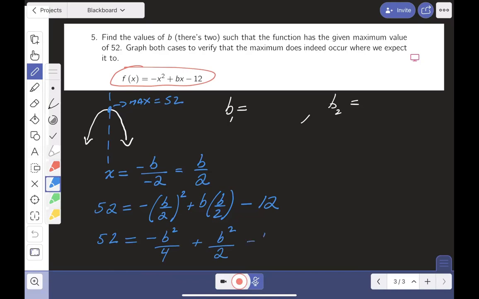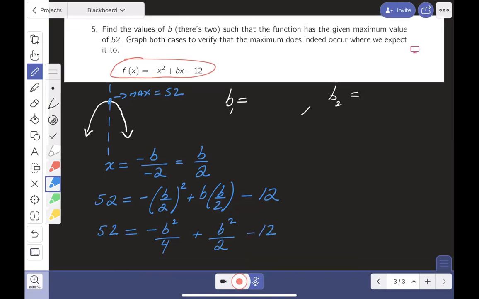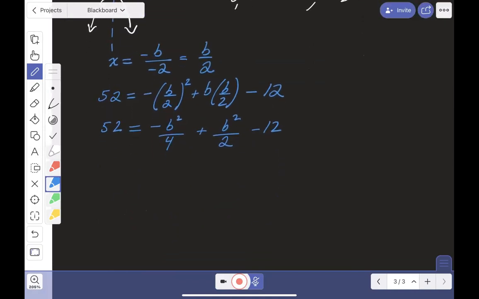Well, I got some work on my hands. I'm going to add 12 to both sides. You're going to get 64 on the left. And I'm going to combine these two terms here.